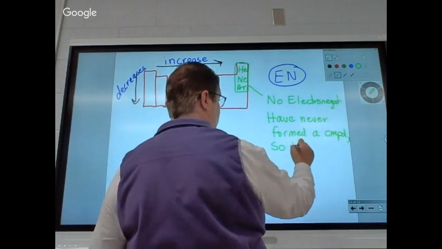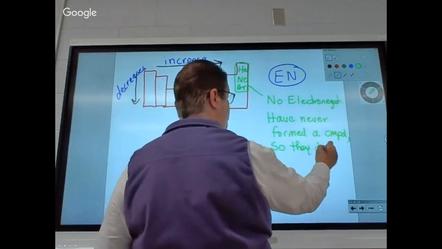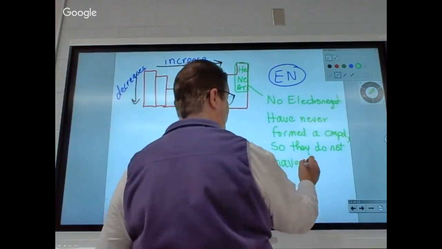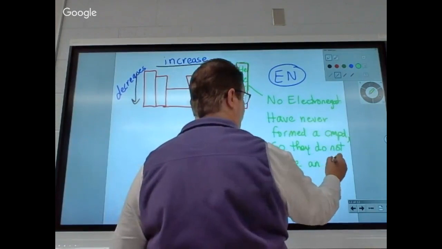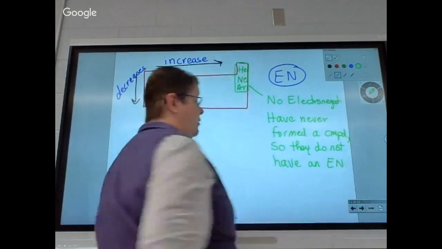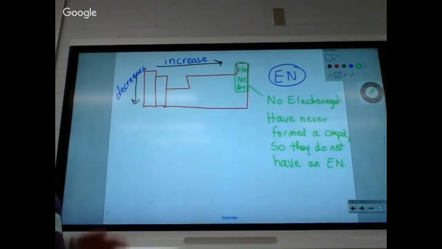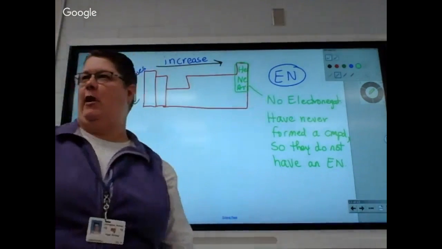So they do not have an electronegativity. So the problem we have is ionization energy goes all the way to group 18, right? Yes.